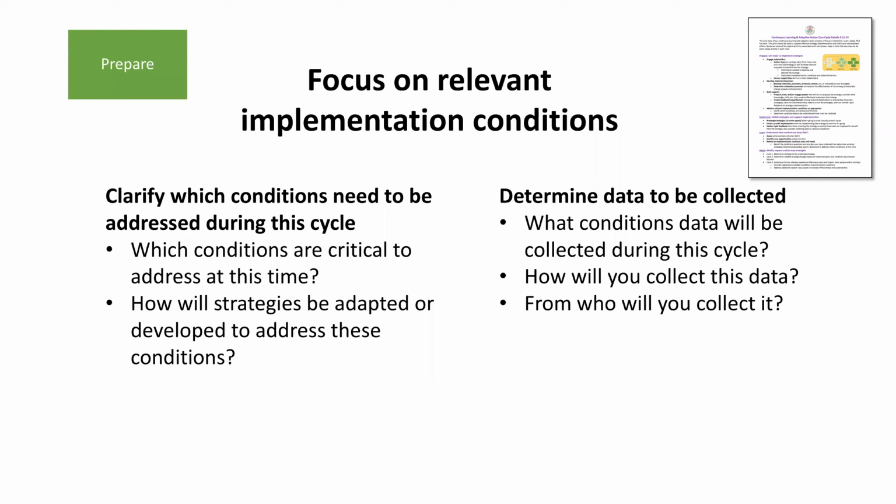And we also need to think about if we're going to collect any data relative to these conditions. Which of the condition data will we be collecting? How will we collect it? From whom will we collect it? All of these are examples of the kinds of questions that we want to be asking ourselves as we think about the implementation conditions.